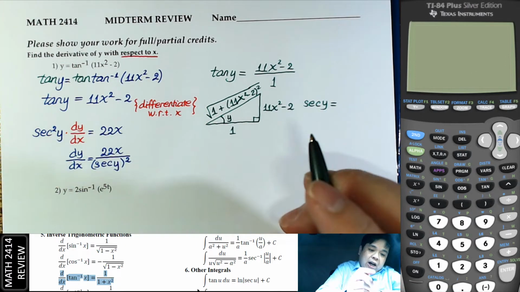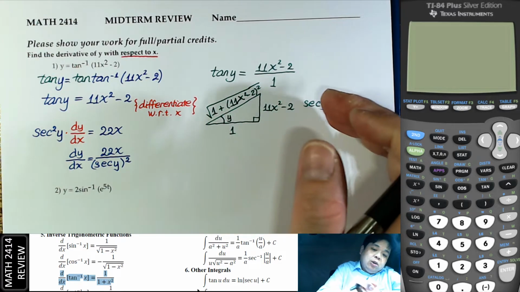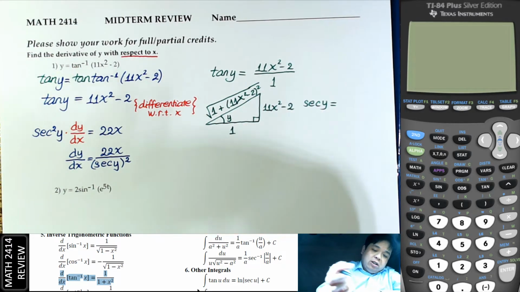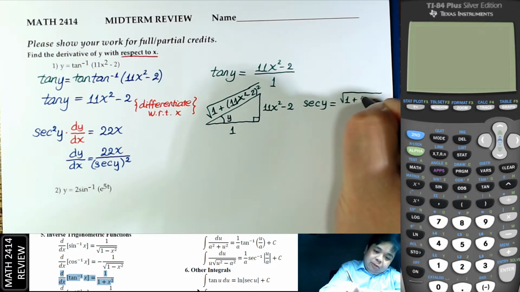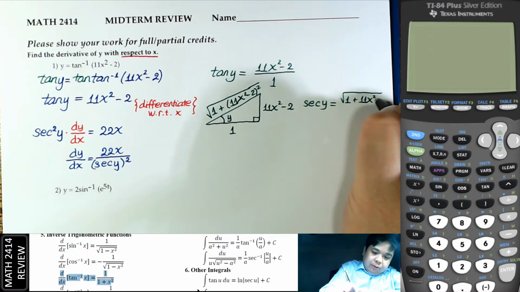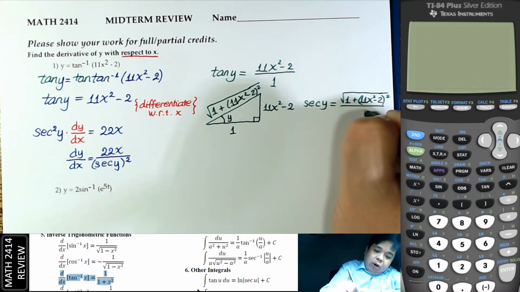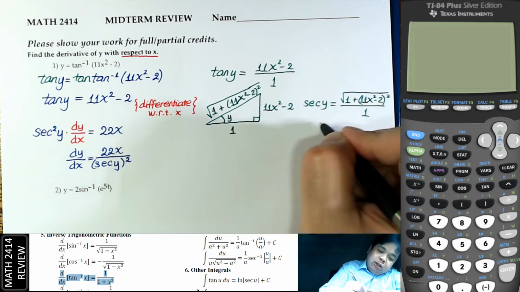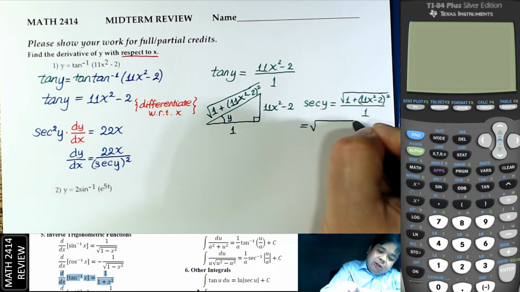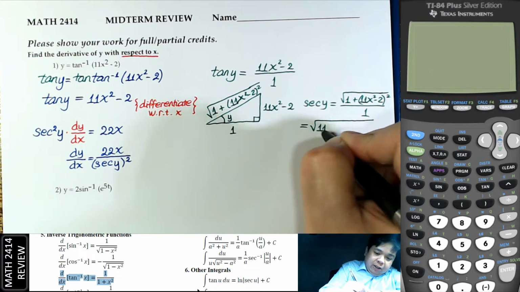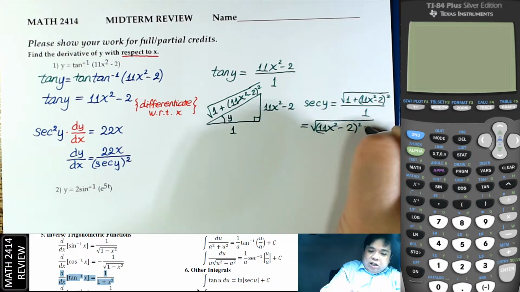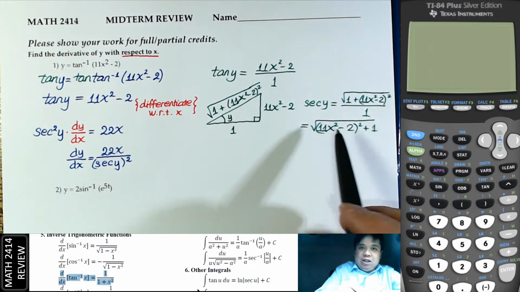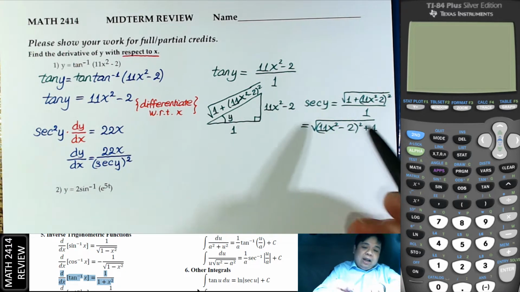Cosine is adjacent over hypotenuse, so secant is hypotenuse over adjacent, over 1, or just the square root of 11x squared minus 2 squared plus 1. I just flip it for no reason, but that's the same thing. Right, now that is secant.